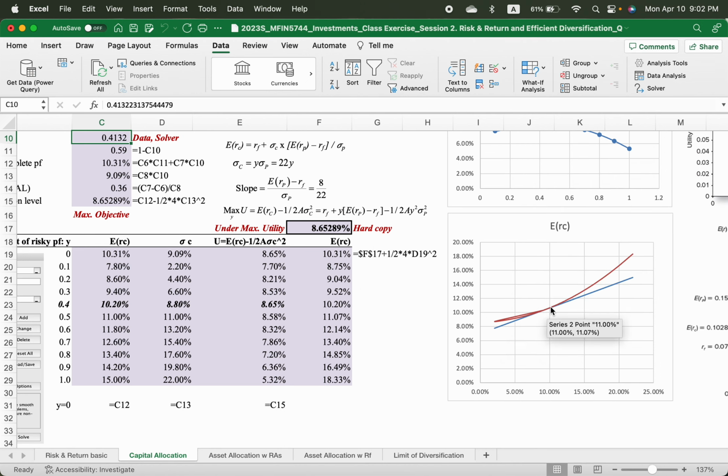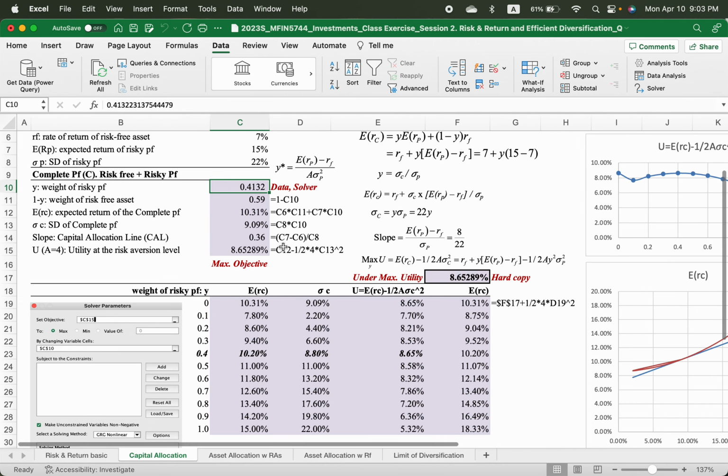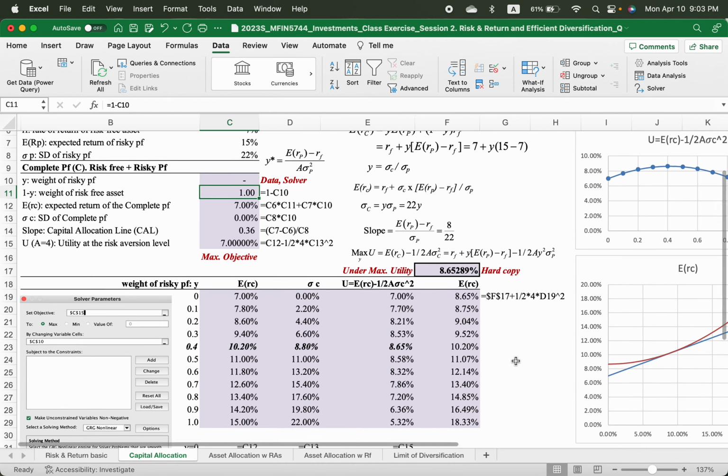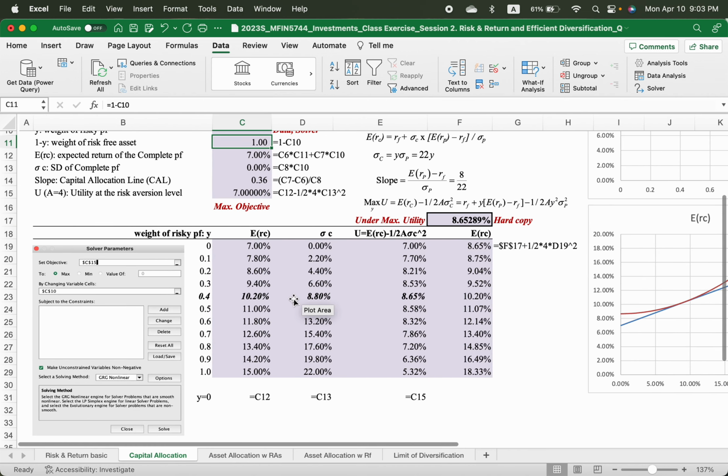That is this point. Oh, this graph is broken because again, we want to see what the weight of the risky portfolio is that satisfies the maximum level of utility. So let's come back here. Okay, so we drew this indifference curve that is tangent to the capital allocation line.